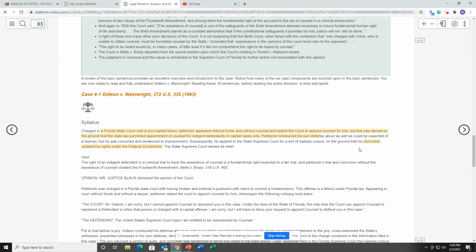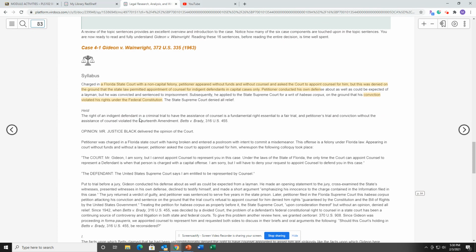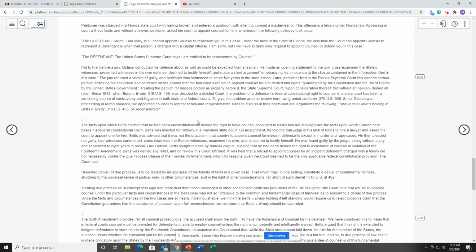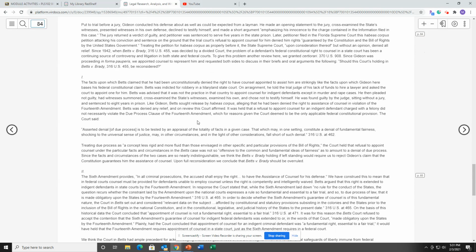Okay, and then he's claiming: did the denial of counsel violate the federal constitution? They're not telling us the constitutional section here, but we have a general outline. Here's our holding, 14th Amendment. And here we go, here are our facts.